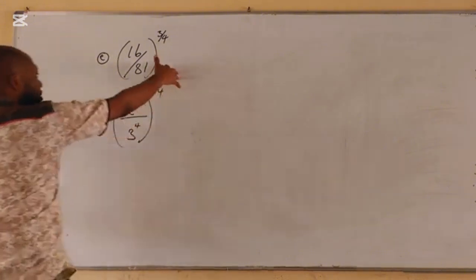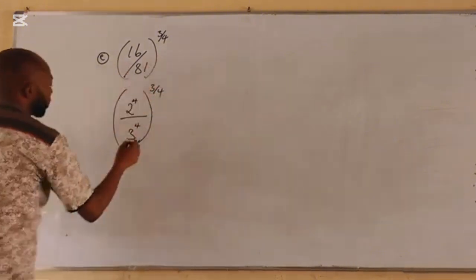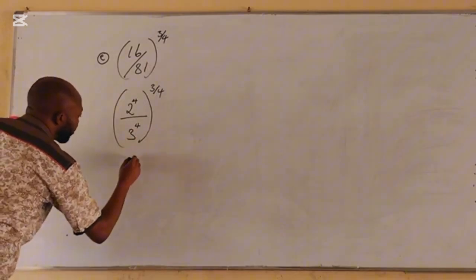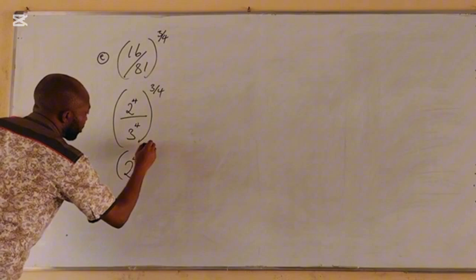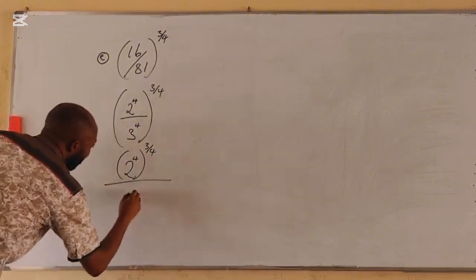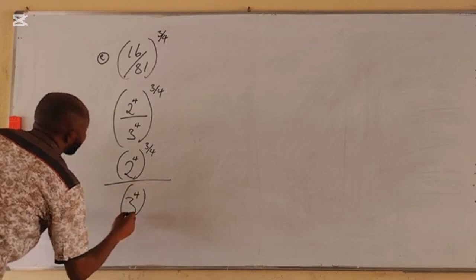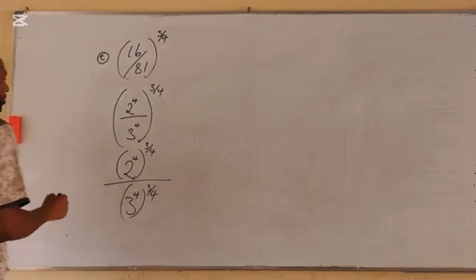Now I can distribute this power into the various variables here. So here I will now have 2 raised to the power 4, open bracket 3 over 4, divided by 3 raised to the power 4, open bracket 3 over 4.